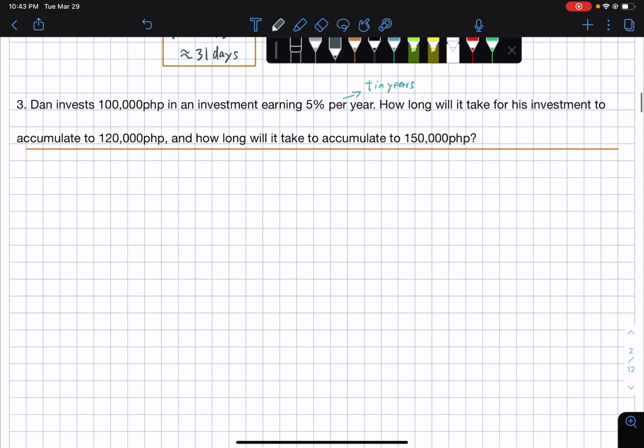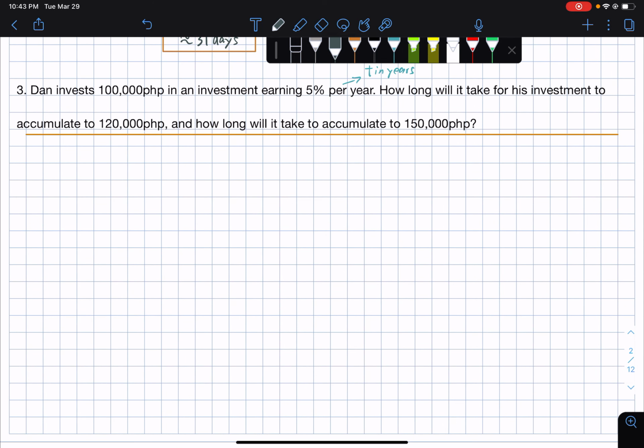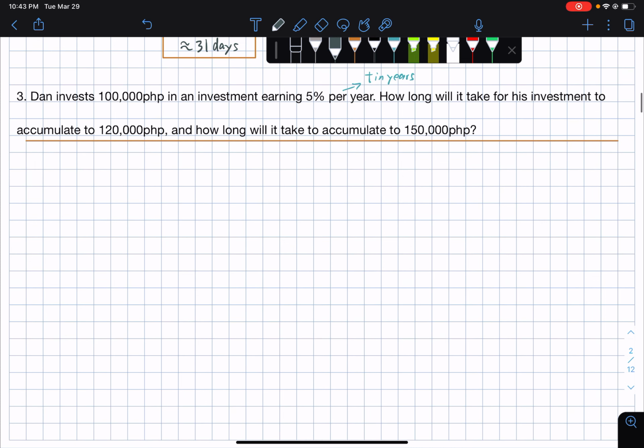Let's move to number 3. Dan invests 100,000 pesos in an investment earning 5% per year. How long will it take for his investment to accumulate to 120,000 pesos? And how long will it take to accumulate 150,000 pesos? So we have to have two answers here.